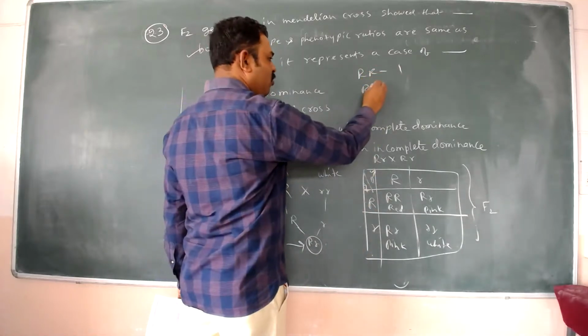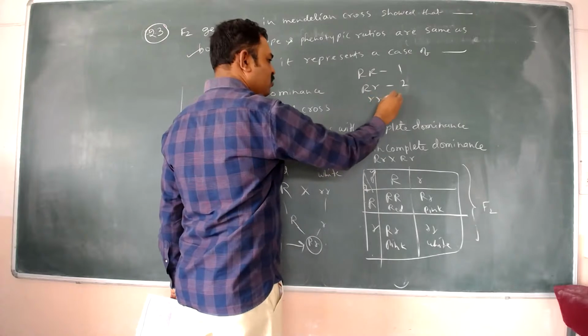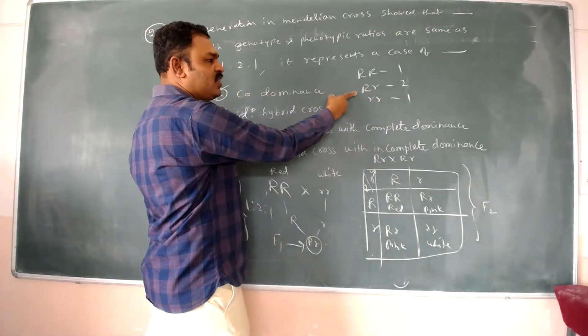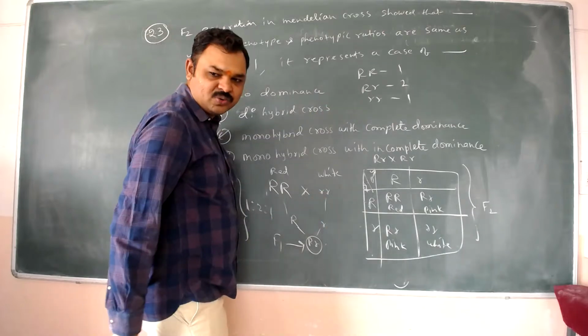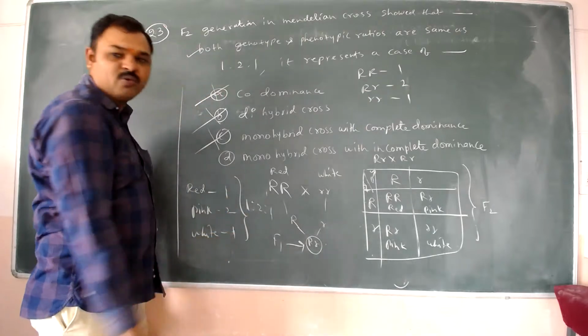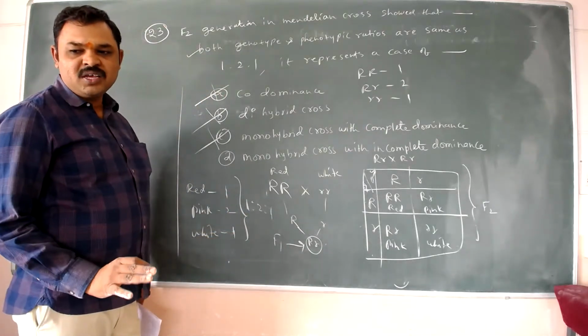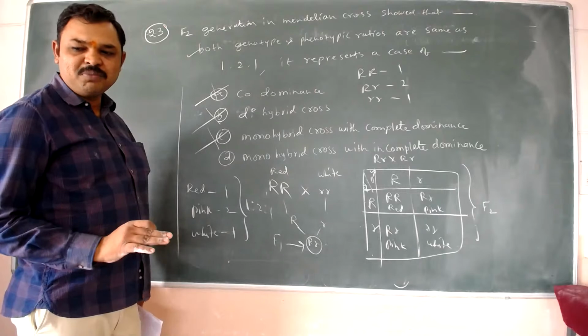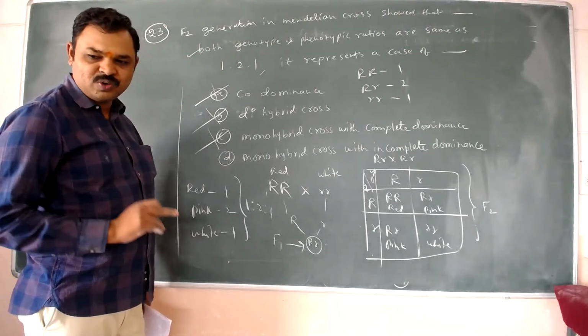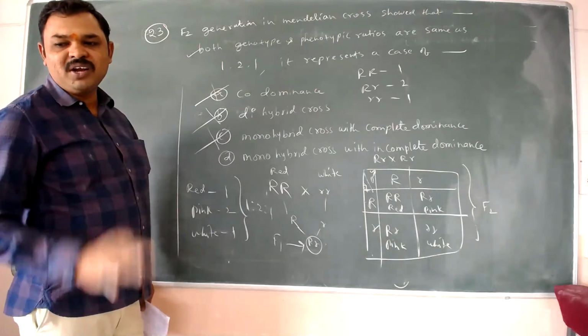Capital R, small r, 2. Small r small r, 1. That is homozygous dominant, heterozygous, homozygous recessive. Genotypic ratio 1:2:1, phenotypic ratio 1:2:1. What is this phenomenon? Incomplete dominance.